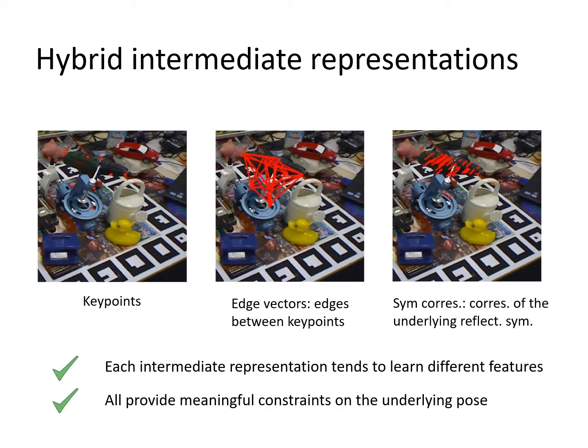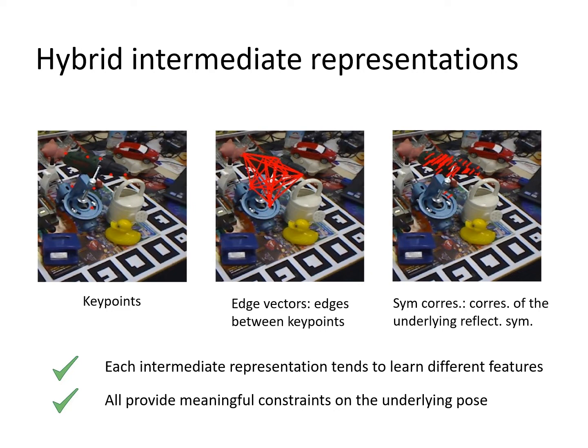Similar to using hybrid representations for scan completion, our idea for 6D object pose estimation is to consider multiple intermediate representations. Besides key points, we consider edge vectors, namely edges between key points, and symmetry correspondences, namely correspondences that encode underlying reflection symmetry.